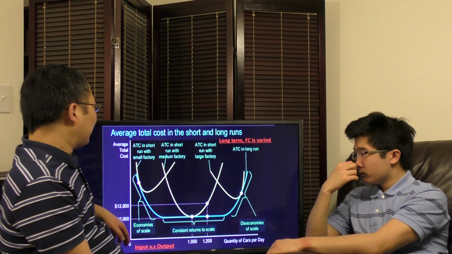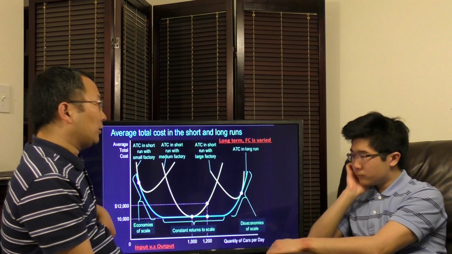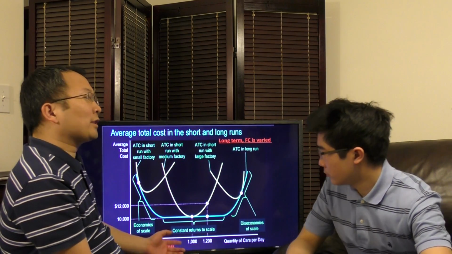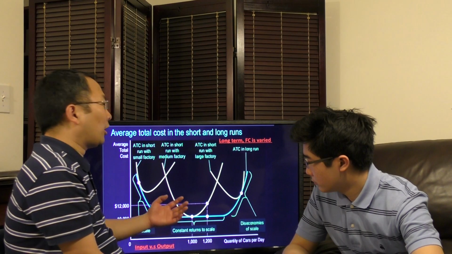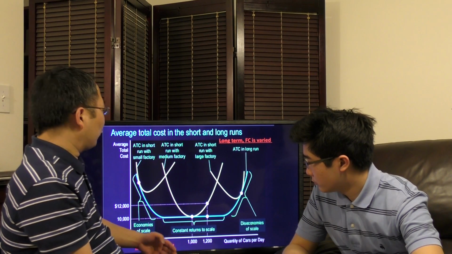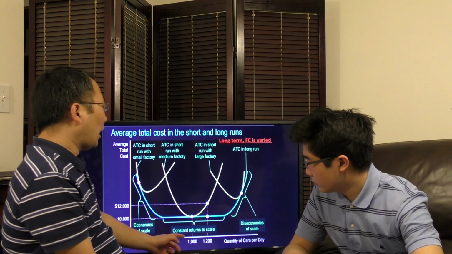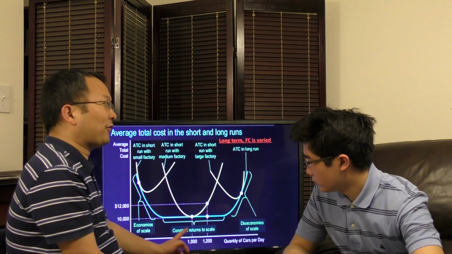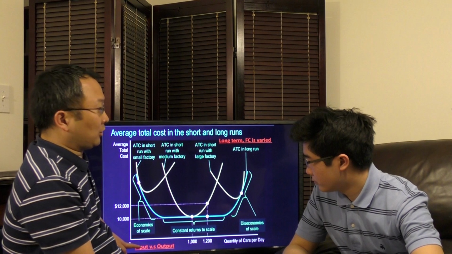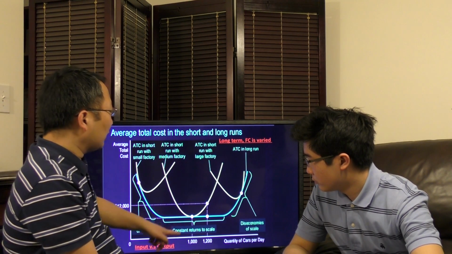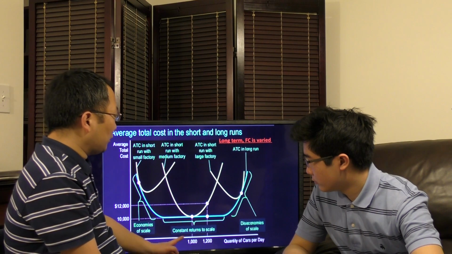That's what we call economy of scale, which means we gain more efficiency. For example, we double our input, double our fixed cost, but we can triple output. So we gain efficiency, because our output increases even faster than our input cost. That's why we see that ATC goes down at each output level.